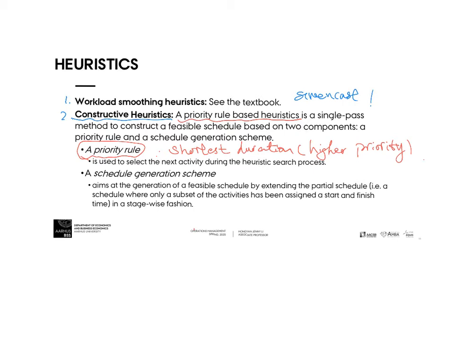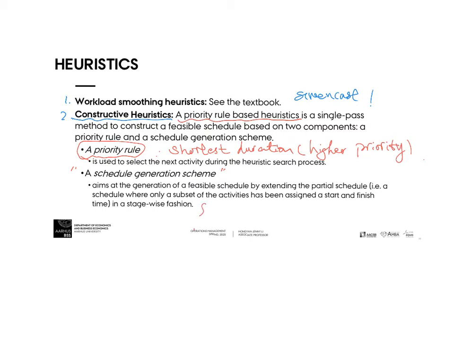We also need a schedule generation scheme. That means when you generate new activities into your solution, you can decide to generate multiple activities at one time, or you can generate them one by one.